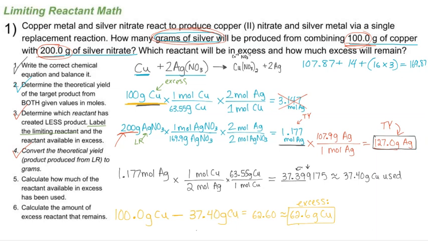We'll box that in nicely. That's our theoretical yield. And then which reactant will be in excess and how much excess will remain? Well, we are going to have an excess of 62.6 grams of copper, and I labeled that as excess, so it is clear that that is the excess amount.